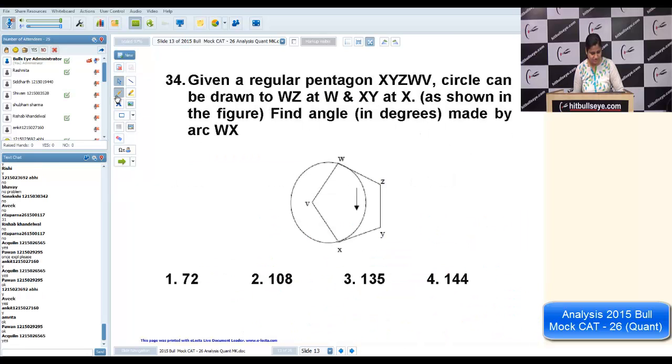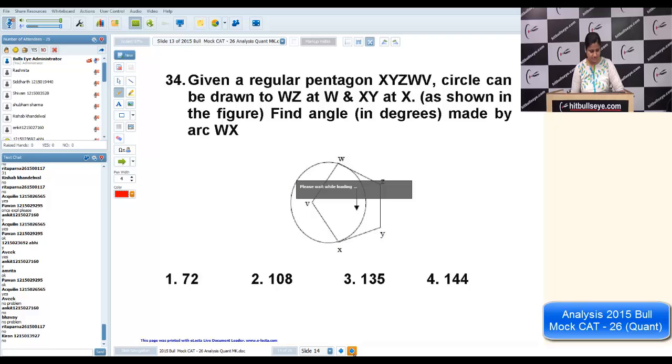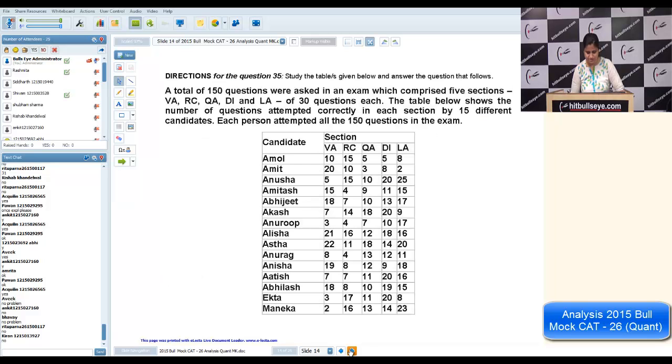Very, very easy question of geometry. Any problem in this question? Many students have skipped this question, but it is very easy. Okay, since there was no problem, I am skipping this question. Now coming to question number 35. Now this set was good, very good rather.